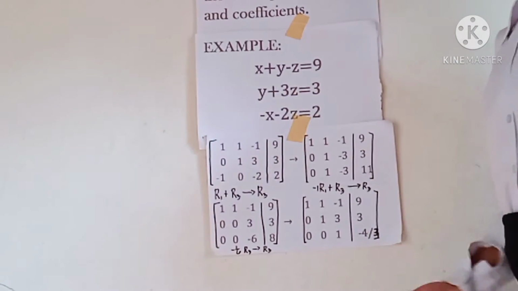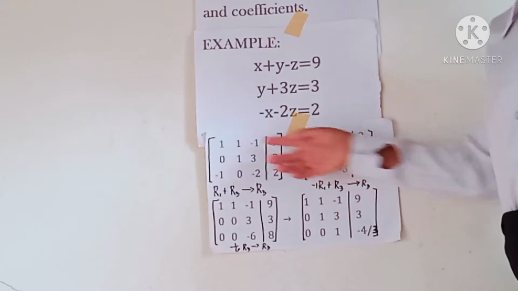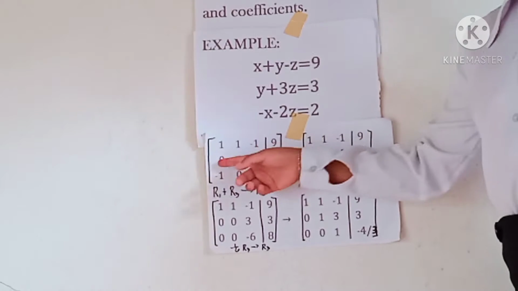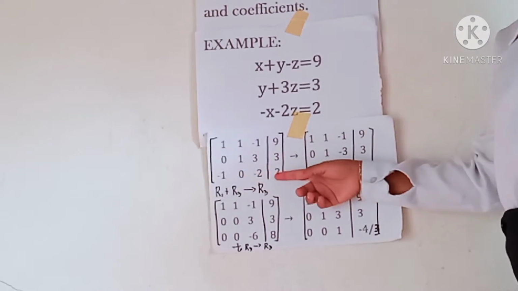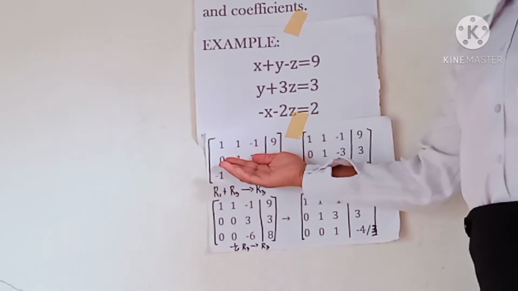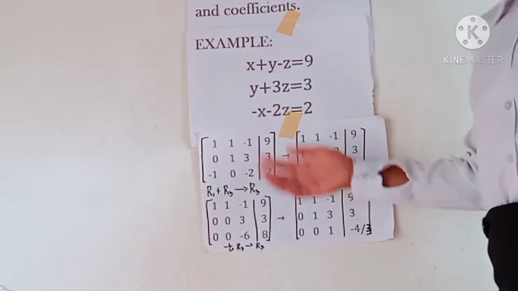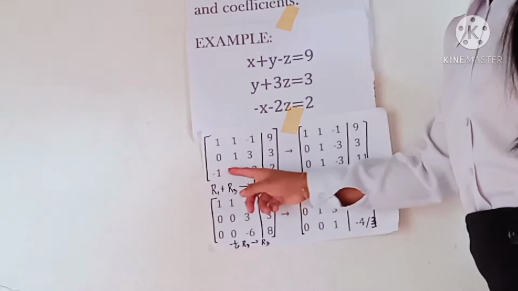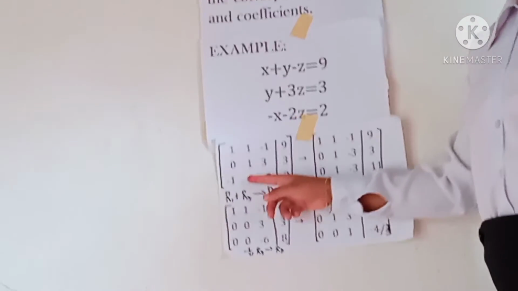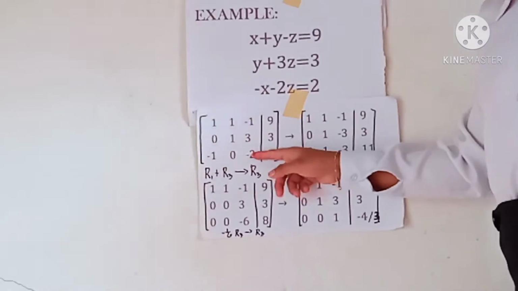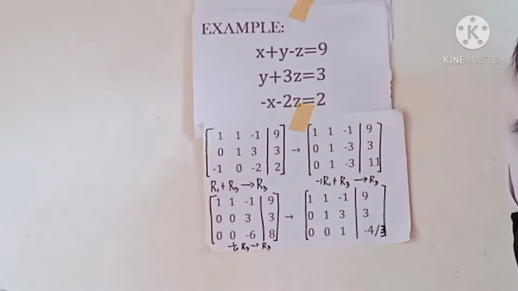So remember that in the augmented matrix, these are row 1, row 2, and row 3. After putting all the numbers and the coefficients, we will make these 3 numbers into 0 and these slanting numbers into positive 1.